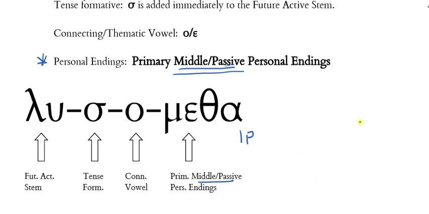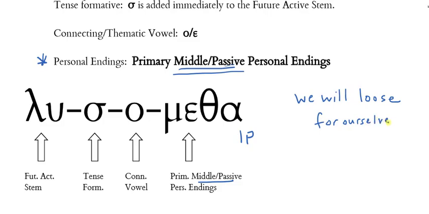Now, how would Mounce translate a form like this? We will or shall loose. And the first year grammarians' kind of stock way of translating a middle is to say for ourselves.